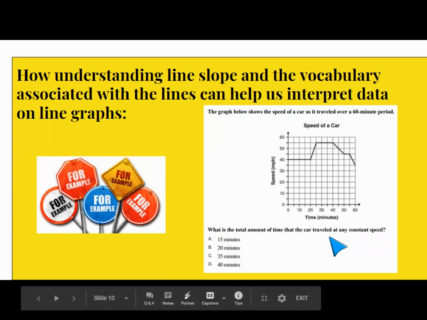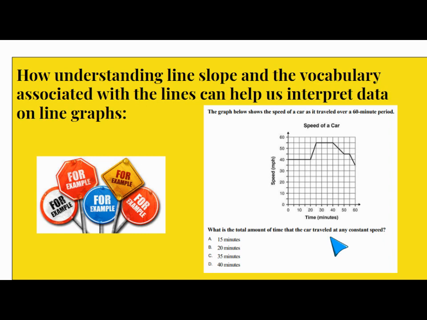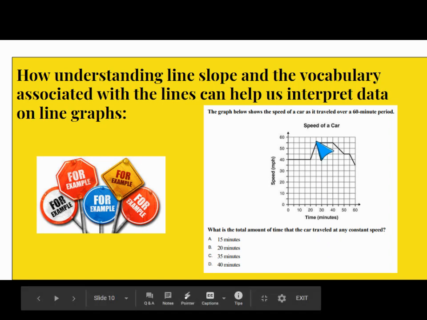So here's that slope vocabulary. Constant speed means you have a horizontal line where your 2 data points are connected, but we have that at 2 different places. So the total time would be an adding of these amounts.